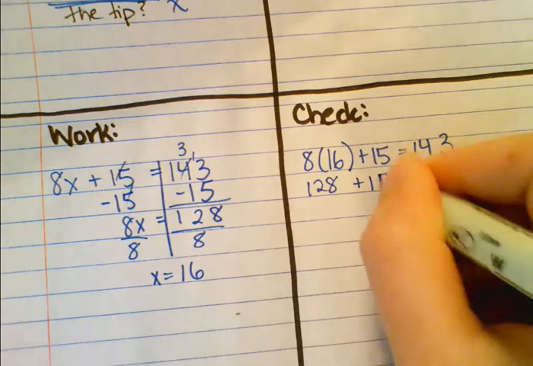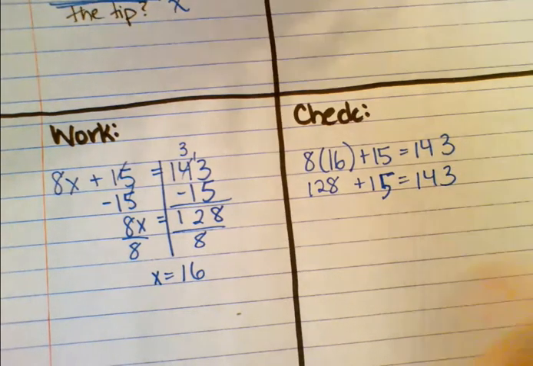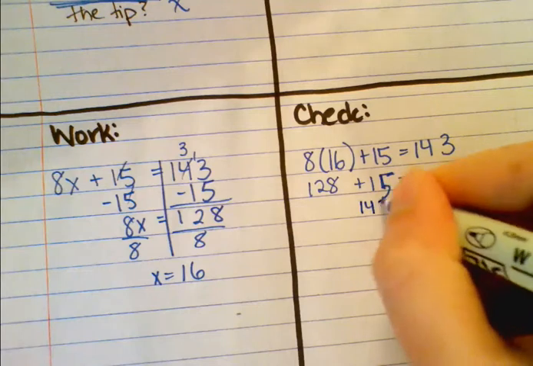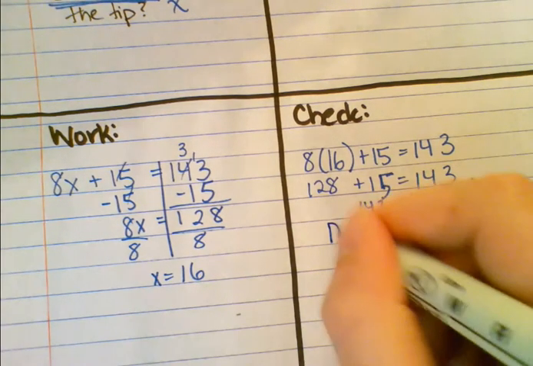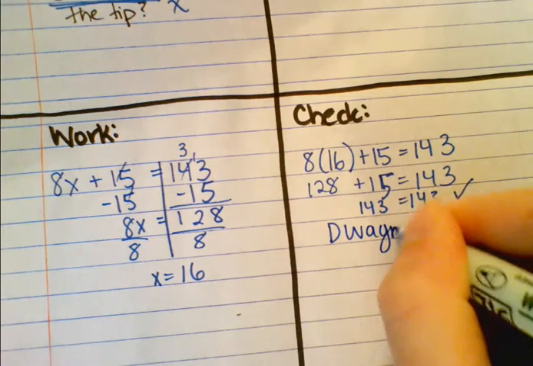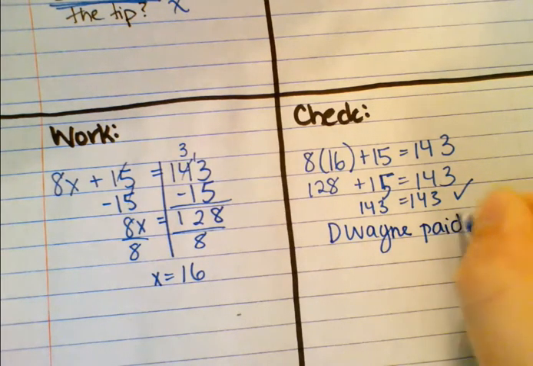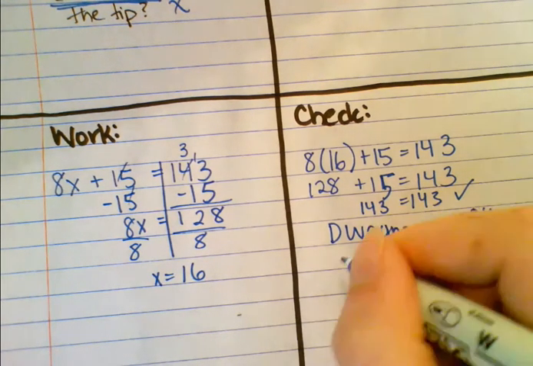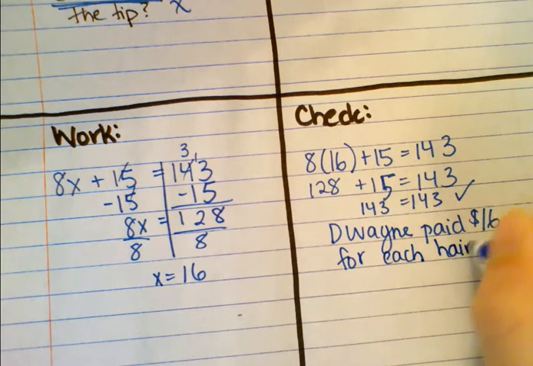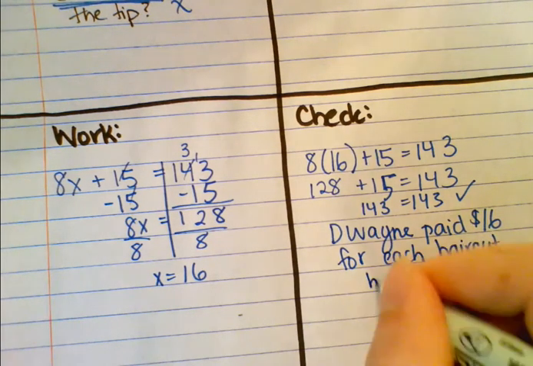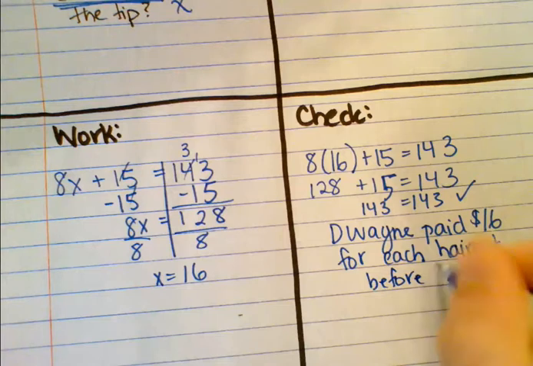Plus 15 does equal 143, so it looks like it works out. So we could say Dwayne paid $16 for each haircut before tips.